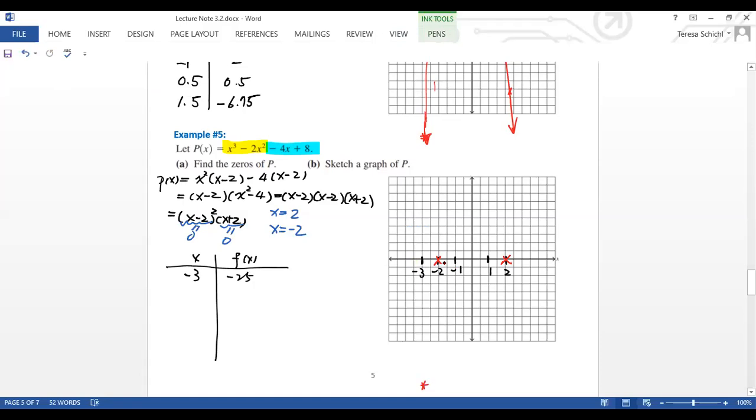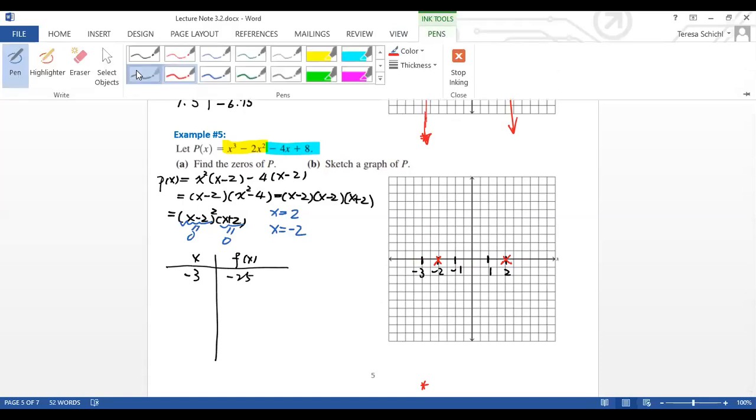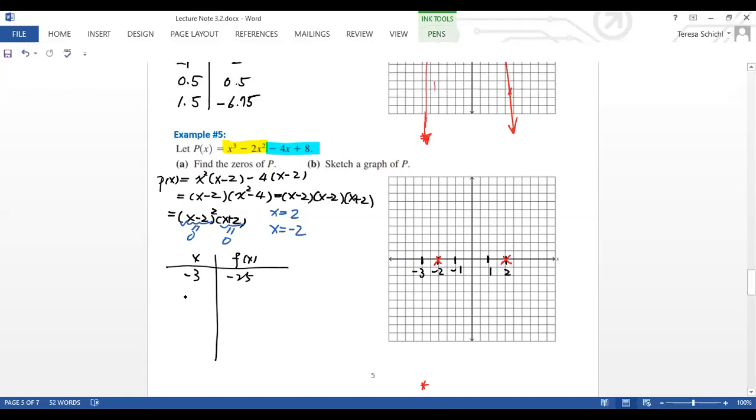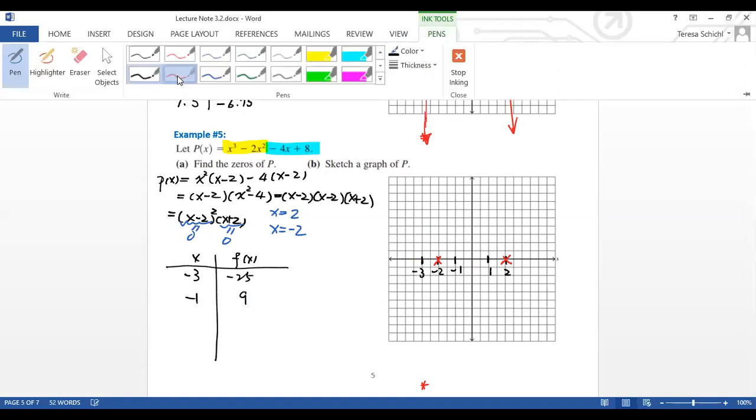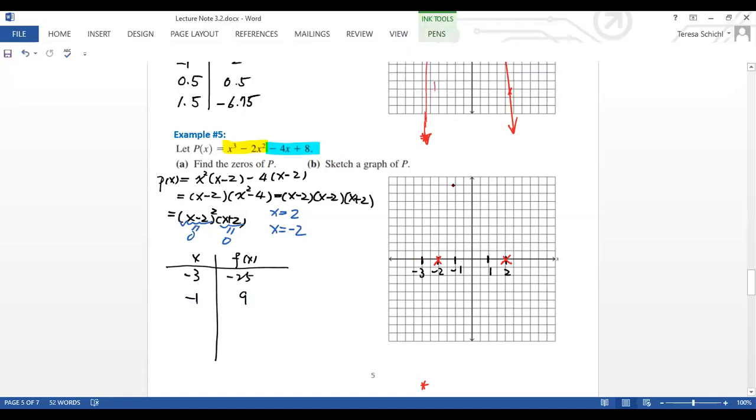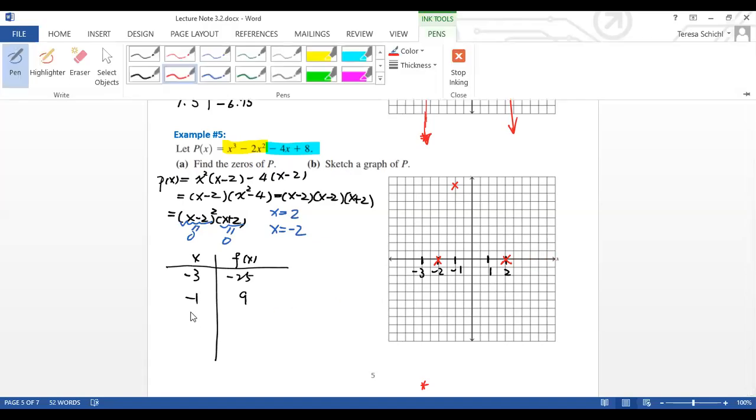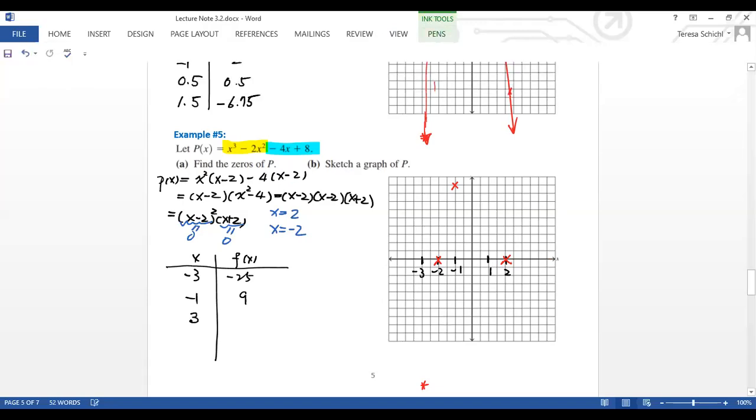Now I need to choose something between these two, so I choose -1. What I have is 9 here. So let's plot -1, I have 9, so it's somewhere here. Then I need to choose something greater than 2, so I choose 3.